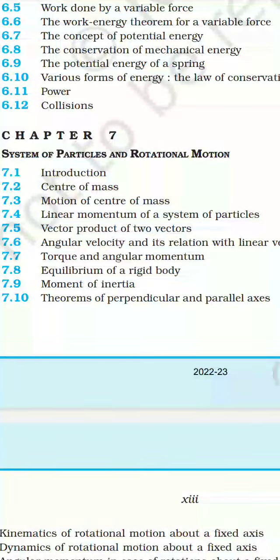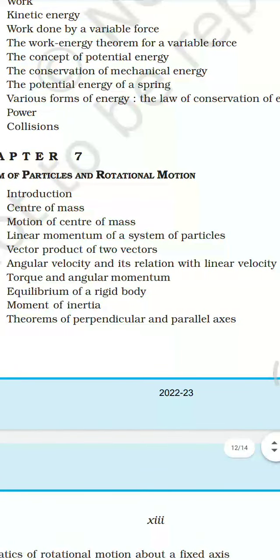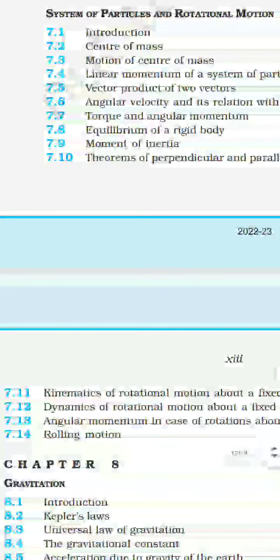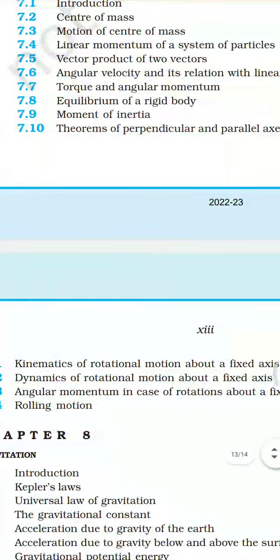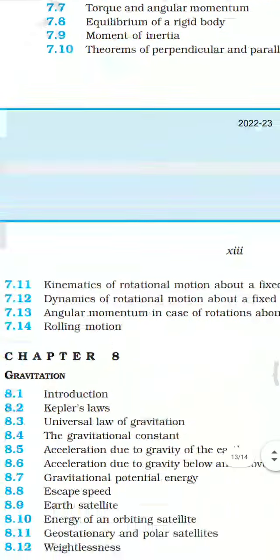So we do here center of mass, motion of center of mass, moment of force, linear momentum of a system of particles, vector product of two vectors, angular velocity and its relation with linear velocity, torque and angular momentum, equilibrium of a rigid body, moment of inertia, theorems of perpendicular and parallel axes, kinematics of rotational motion about a fixed axis, dynamics of rotational motion, angular momentum, rolling motion.